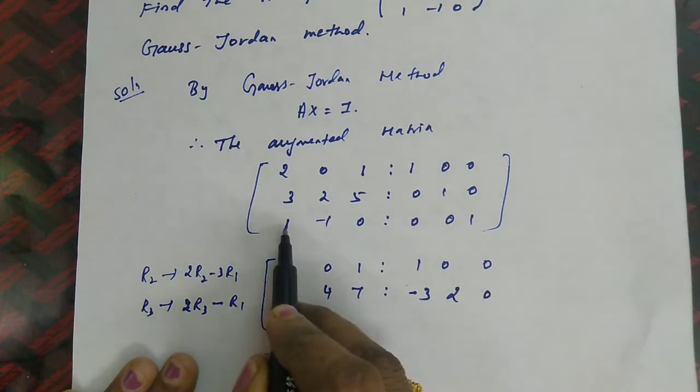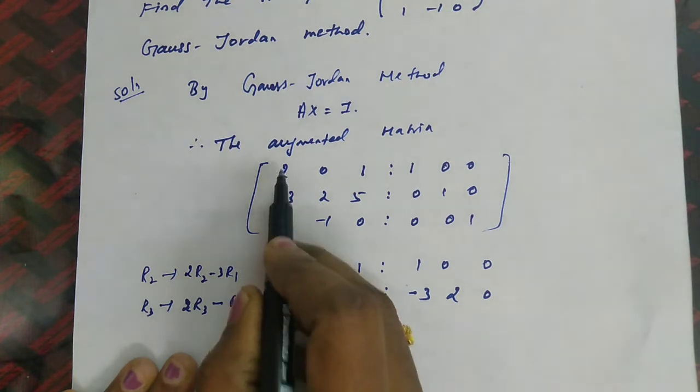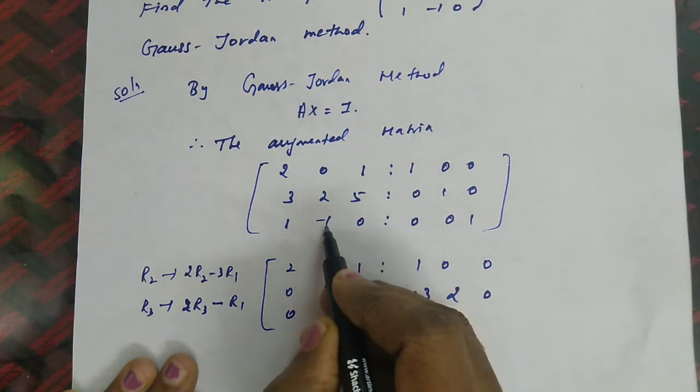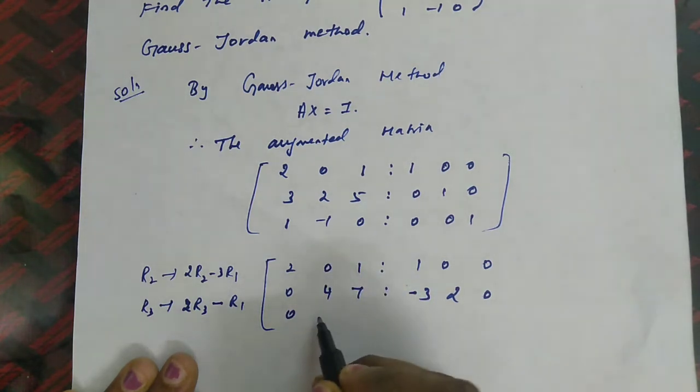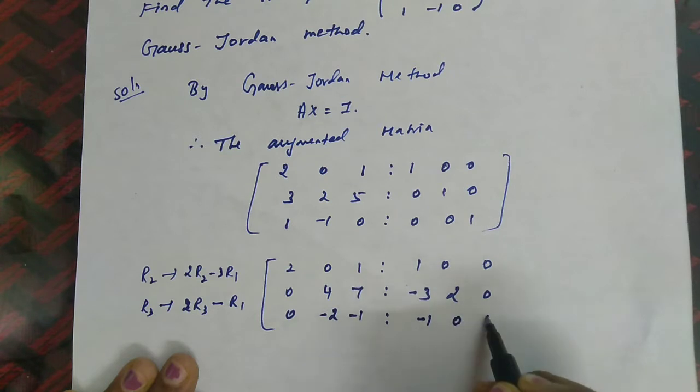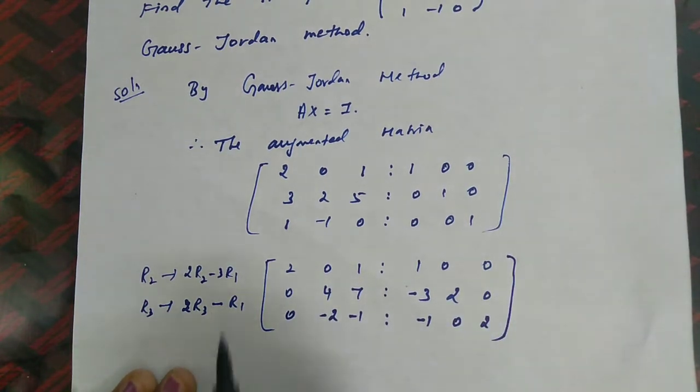Multiplying by 2 we get 2 -2 0, and 2 minus 1 gives 1... here it is -2 and -1. Likewise for the unit matrix, -1 0 2. So we have applied the first row operation, and these two places become 0.